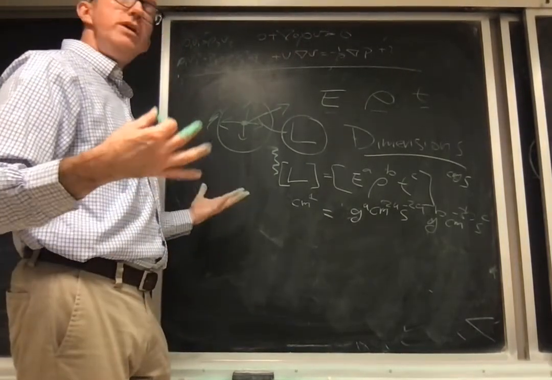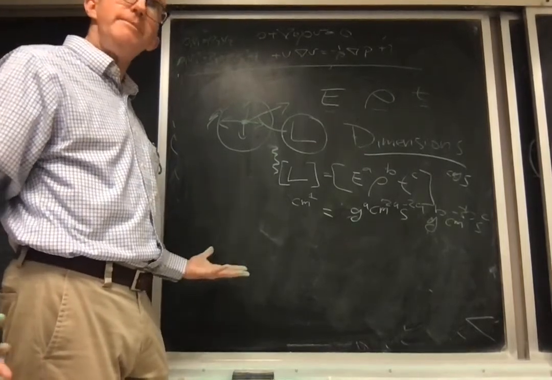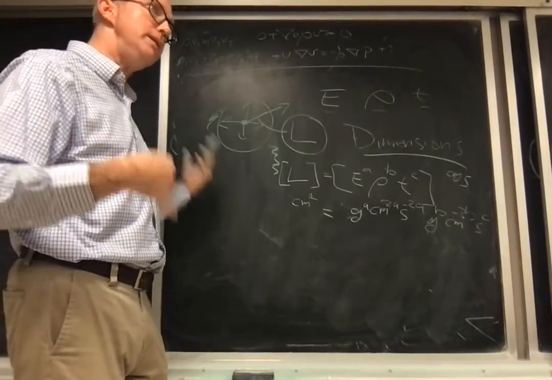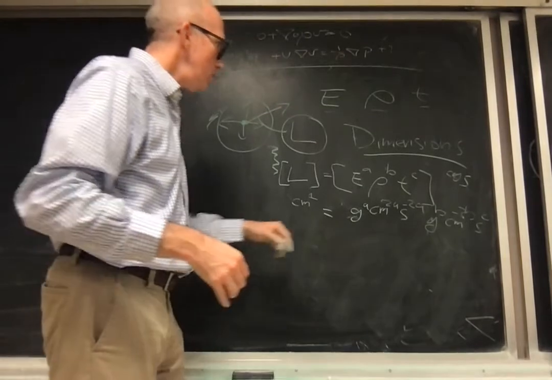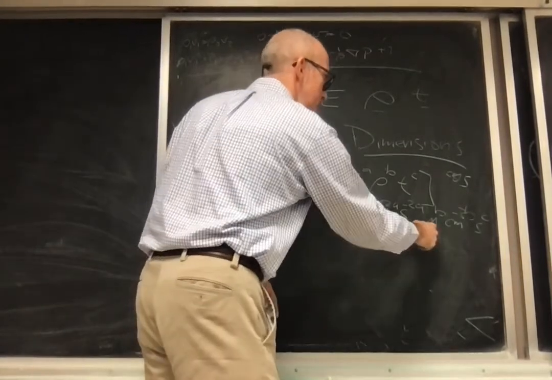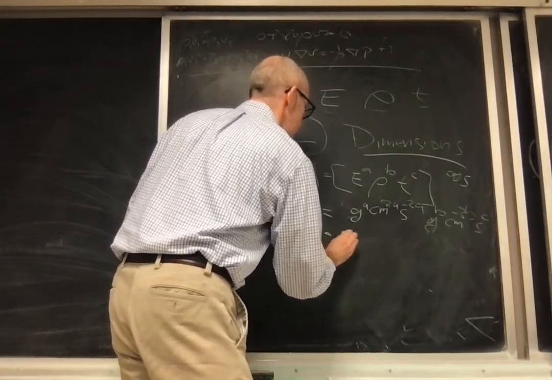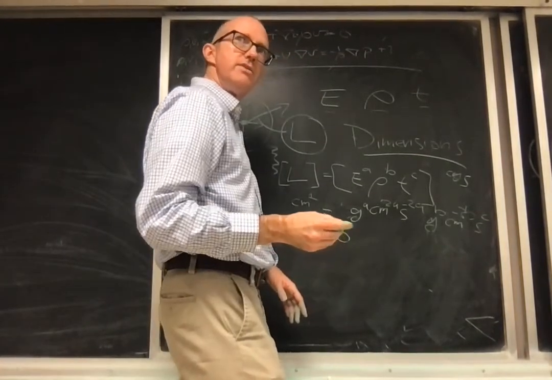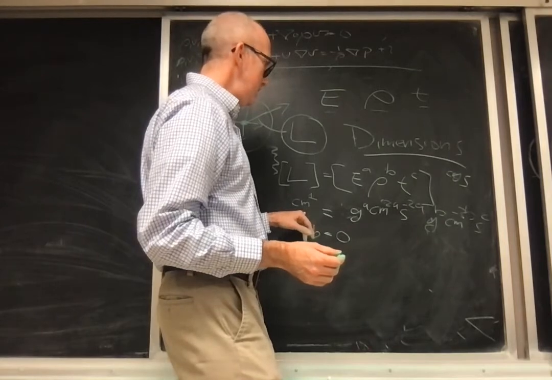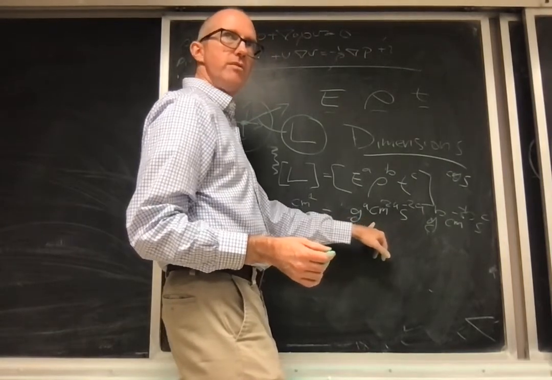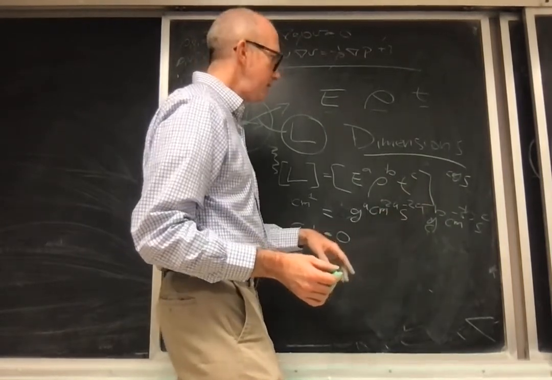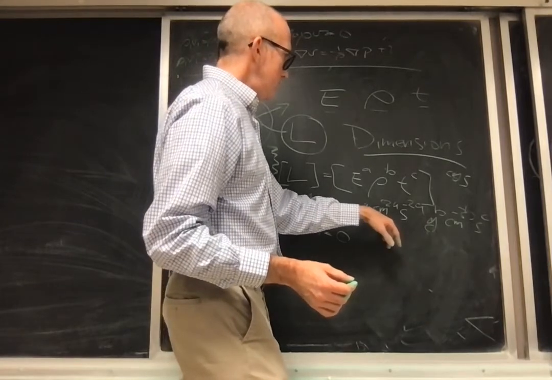And each one of the units is an independent quantity, so they're all independent equations. So look at the grams. I've got A plus B has got to equal 0. That make sense? I got no grams on the right-hand side, and I've got some grams on the left-hand side, so they've got to cancel out. Let's look at centimeters.